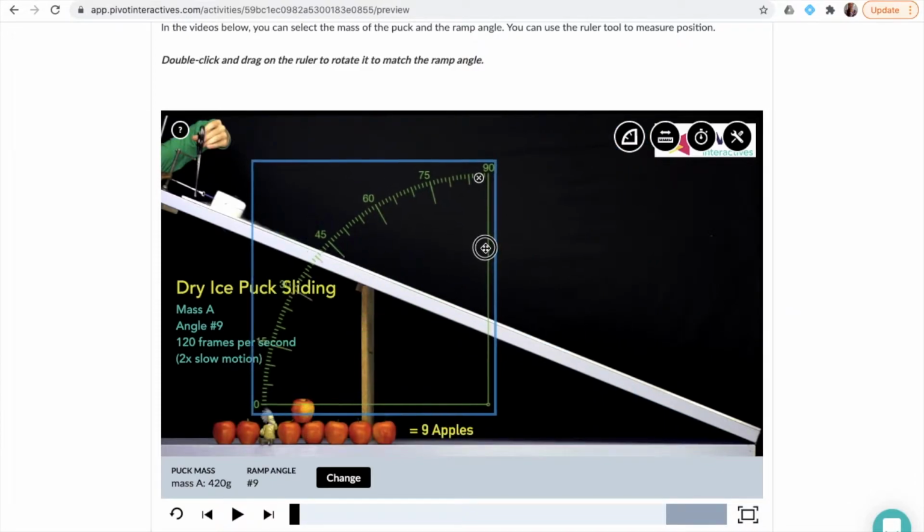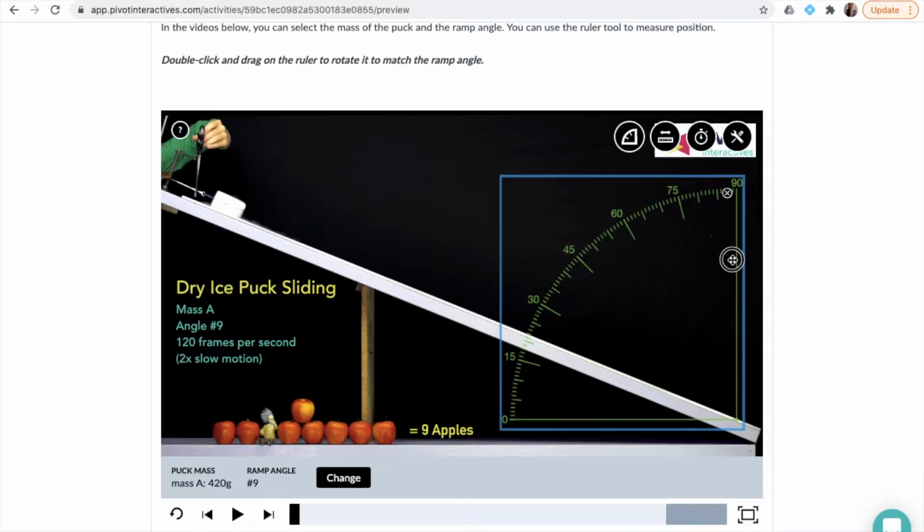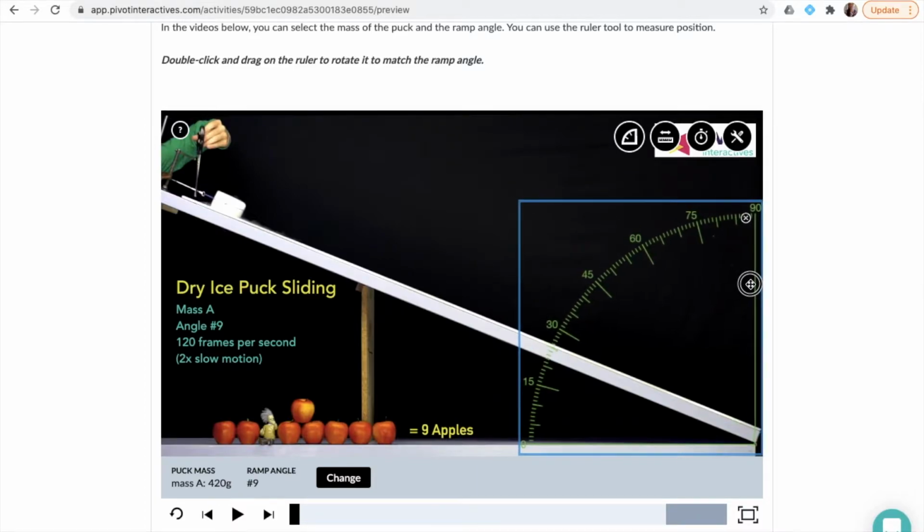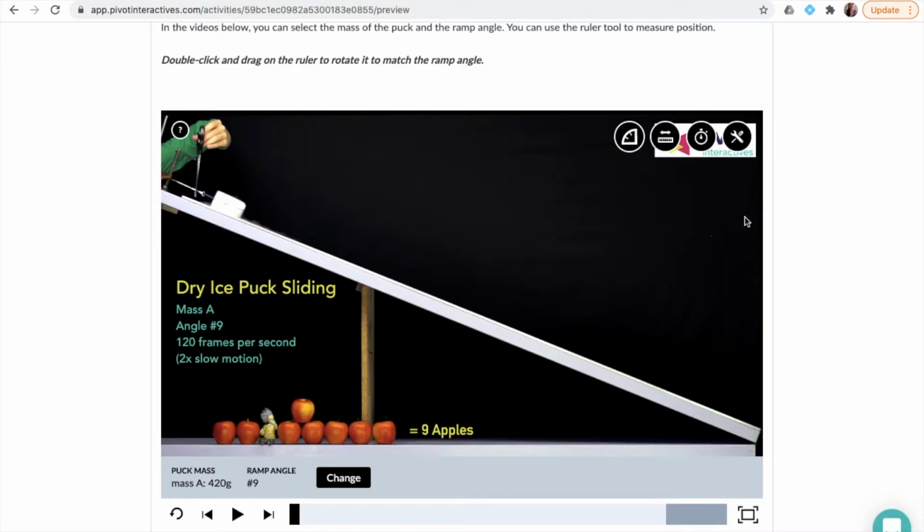I'm going to take my protractor so that the corner of the protractor goes into this little black triangle here, so that the bottom is parallel to the table and the top of this triangle shows where the angle is going to be measured from. So for mine, this is 17 degrees. Be careful not to measure from the top of the ramp because you'll be really far off then. From the bottom of the ramp, I see this angle is 17 degrees for angle number 9.